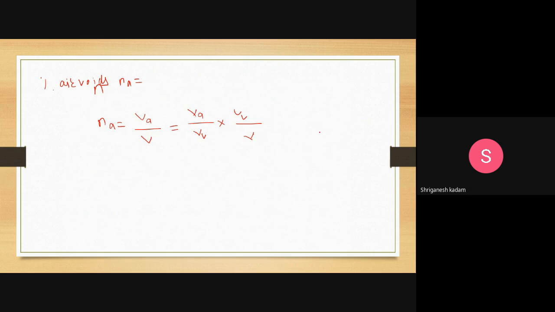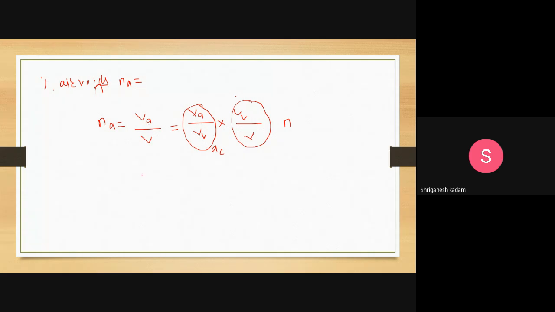So instead of volume of void upon total volume, we can write n, and instead of volume of air upon volume of void, we can write AC, air content. Air content means volume of air upon volume of void, and porosity means volume of void divided by total volume. And percentage air void means volume of air upon total volume.